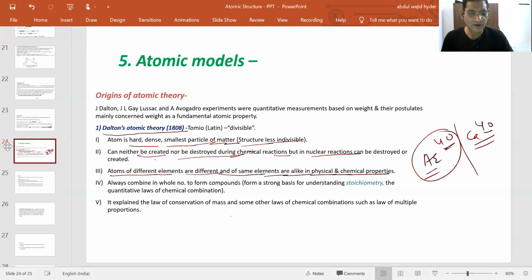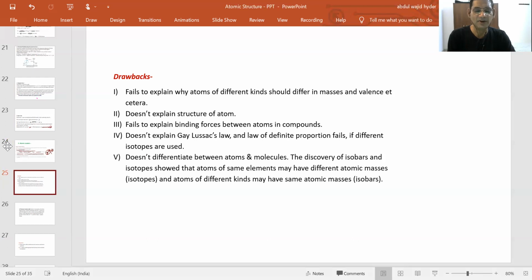Now, drawbacks of Dalton's atomic model. Fine, so now we'll go to the next screen. After this, Dalton's model drawbacks.